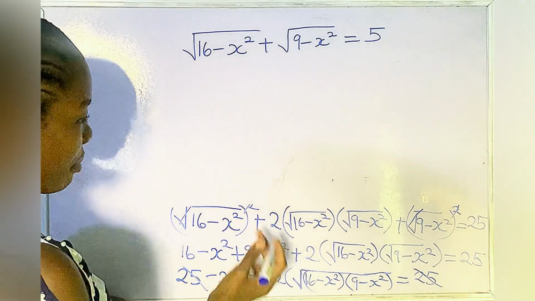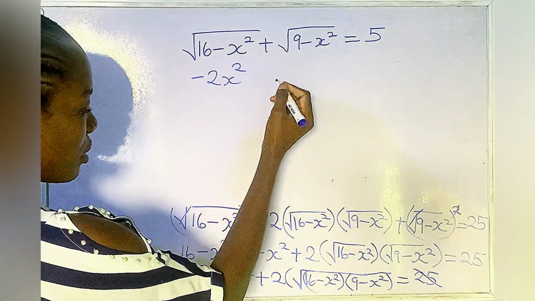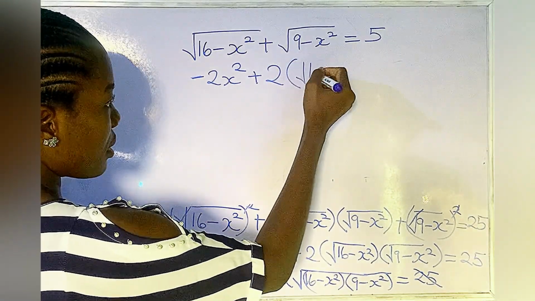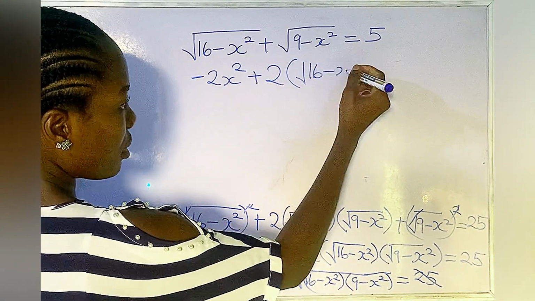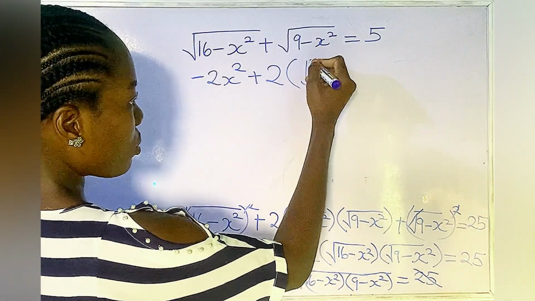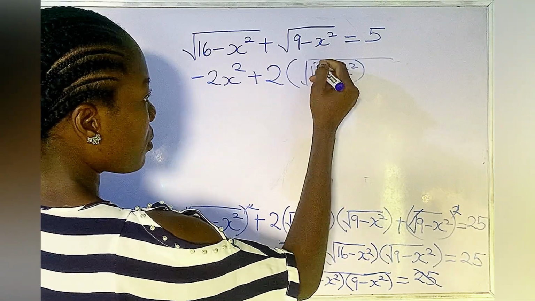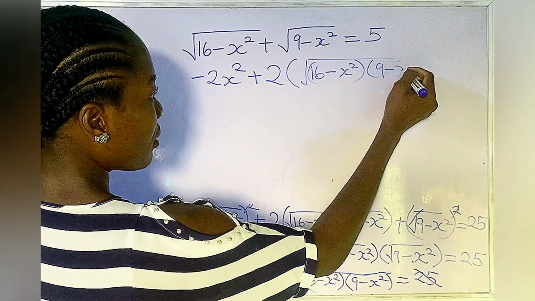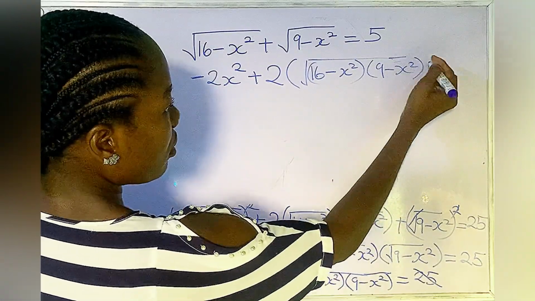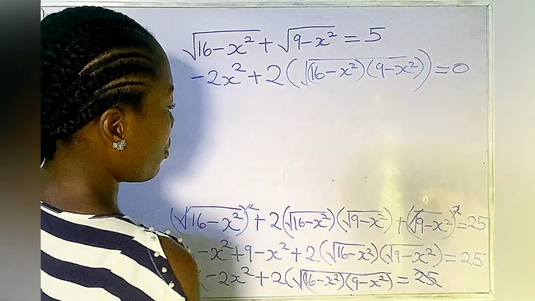So now we have minus 2x squared plus 2 open bracket root of (16 minus x squared)(9 minus x squared), and that is equal to 0, right?